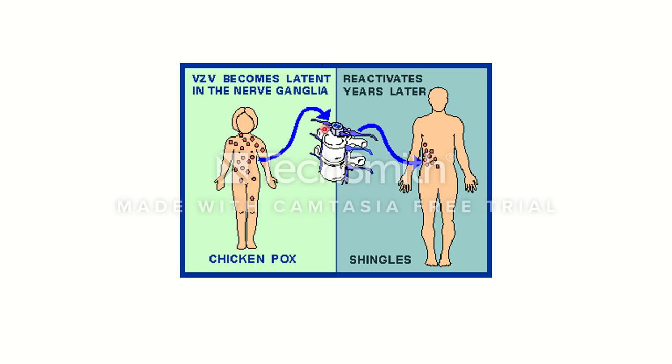So these viruses stay here and are dormant during childhood, but in adulthood, for some unknown reasons, these viruses will be activated, and now they are transported in an anterograde manner and go toward the skin that they originated from in childhood, and make blisters here.